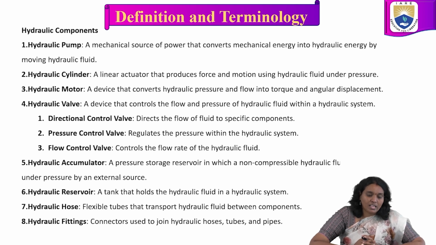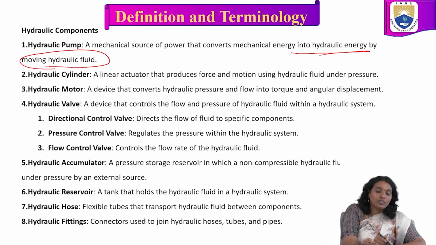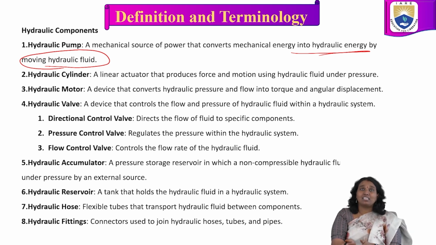So, the hydraulic pump is a mechanical source of power that converts mechanical energy into hydraulic energy by moving hydraulic fluid. The pump is going to convert the energy here.